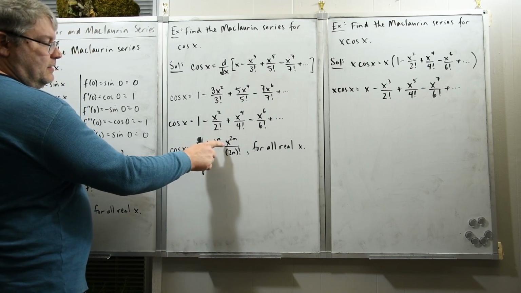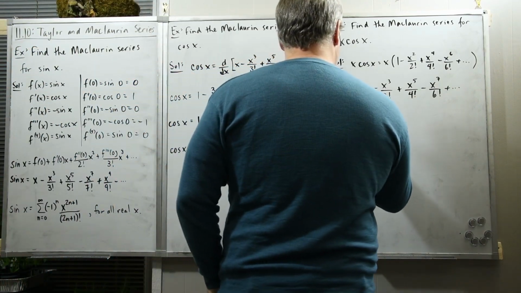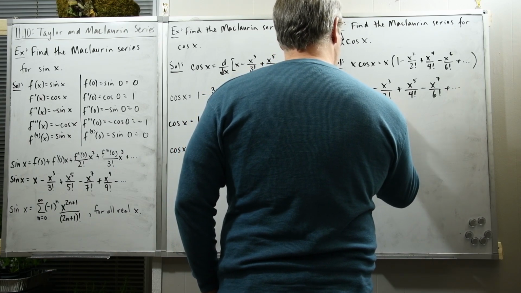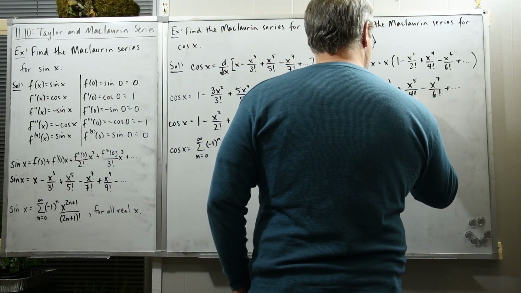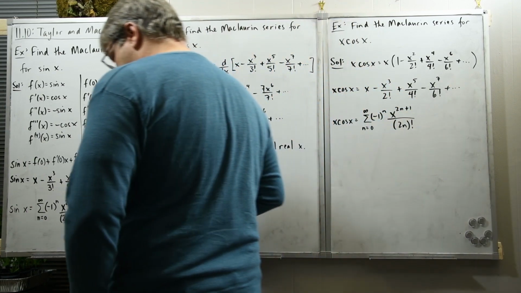And that's going to kick the exponent of x up by 1, which means that x cosine x is the same thing as the summation n equals 0 to infinity, negative 1 to the n, times x to the 2n plus 1 over 2n factorial.